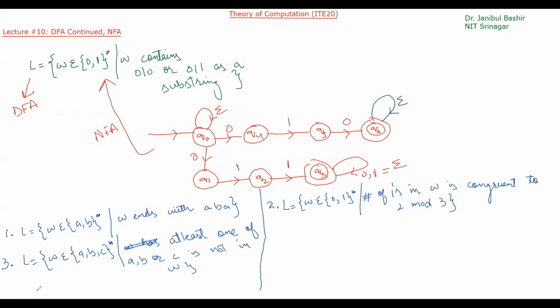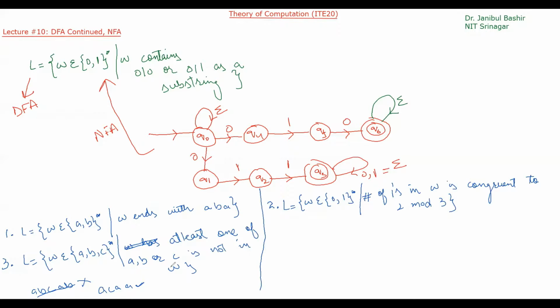So for example, W is a string, let's suppose this. You can see that in this string we have a, b, and c all present, so this string should not be accepted. However, if we have a string like this, it has only a and c, it does not have a b, so this string should be accepted. So those strings should be accepted where we don't have all three.